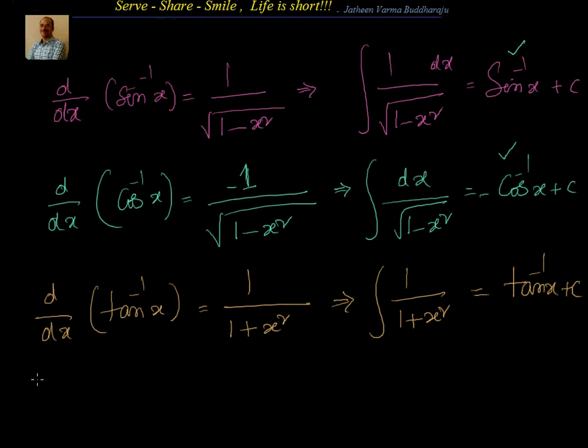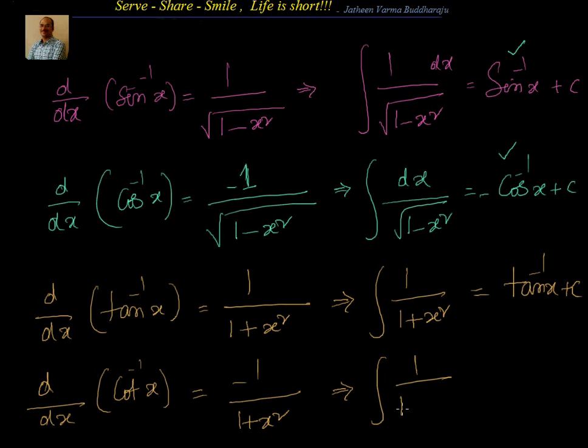On the same lines, we also know d by dx of cot inverse x is minus 1 by 1 plus x square. So we can also say the integral of 1 by 1 plus x square equal to minus of cot inverse x plus c.